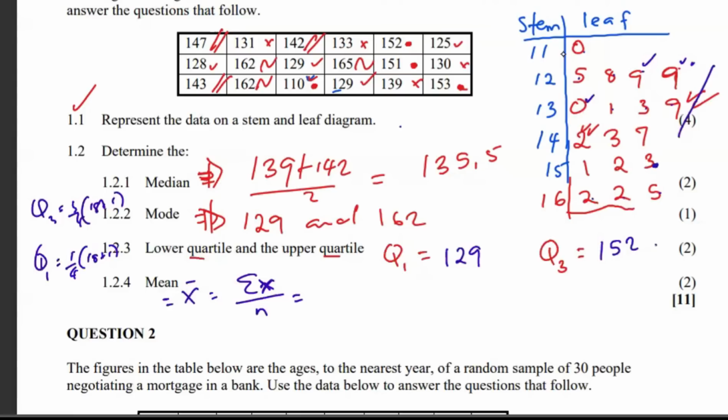So if I'm to punch this into the calculator: 147, 131, 162, 142, 129, 110, 133, 165, 129 again, 152, 151, 139, 125, 130, 153.